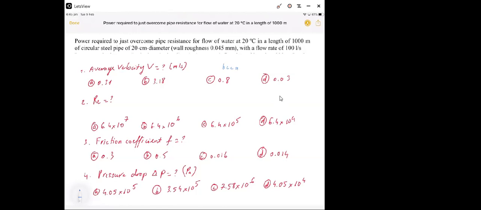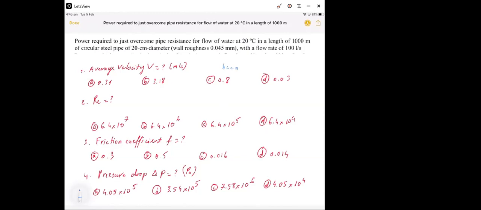The table is a standard condition. The standard condition of what? It means the viscosity of water. Okay, for the viscosity of water, you have water at 20 Celsius. You don't have to use a standard condition.